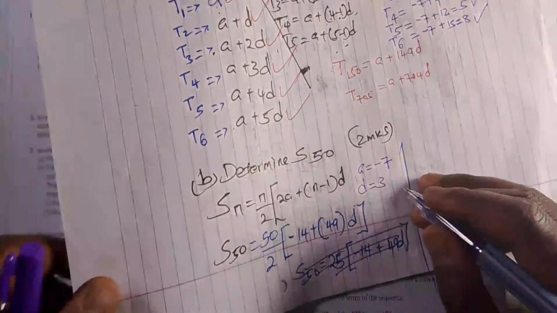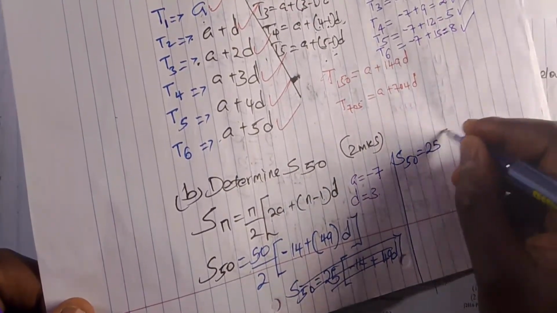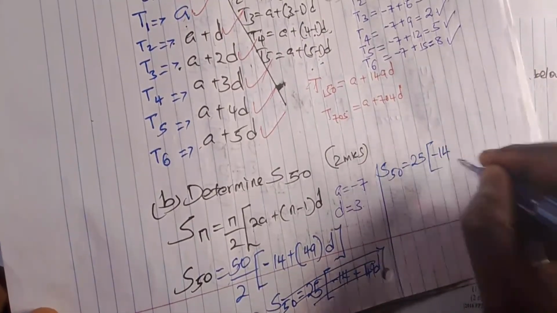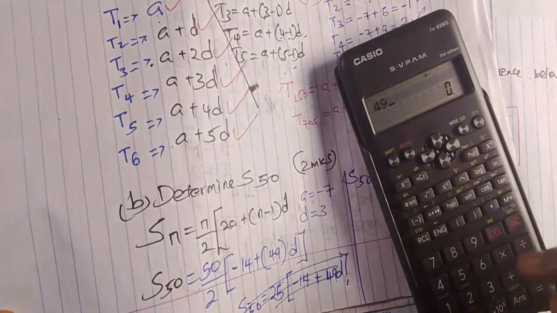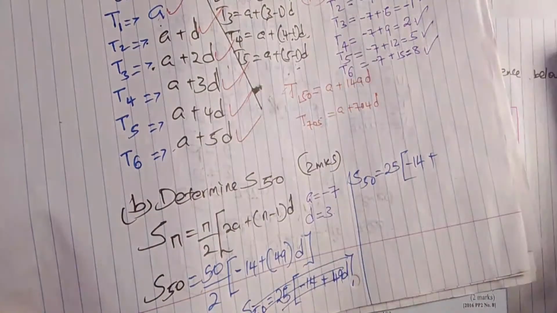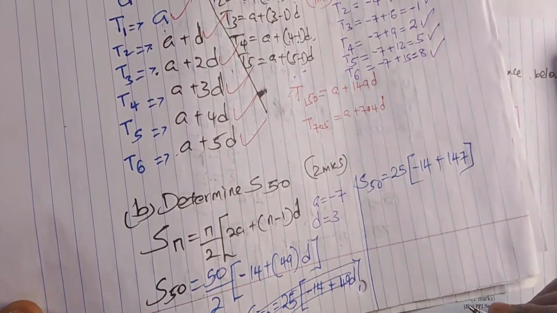D yetu ni 3. Sum of 50 itakuwa 25 into brackets -14 plus, what is 49 times 3? 147. Hiyo ndo iko sawa sasa.